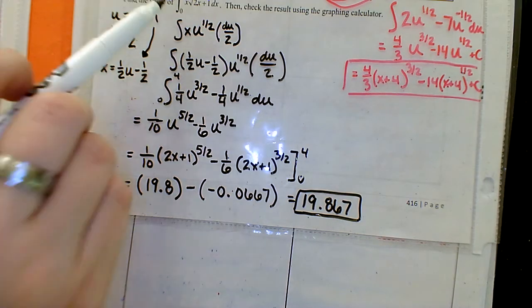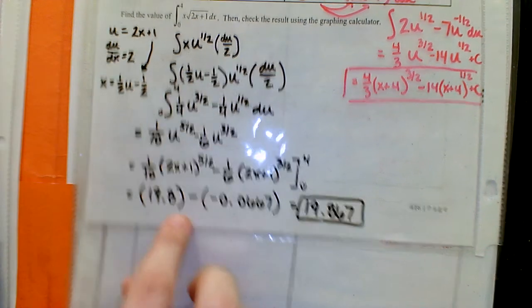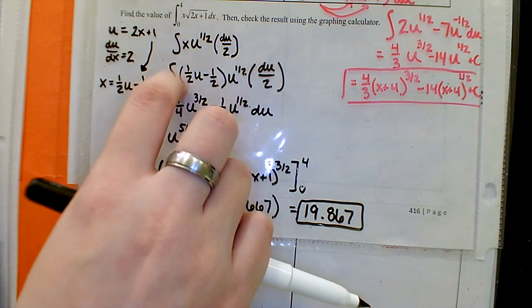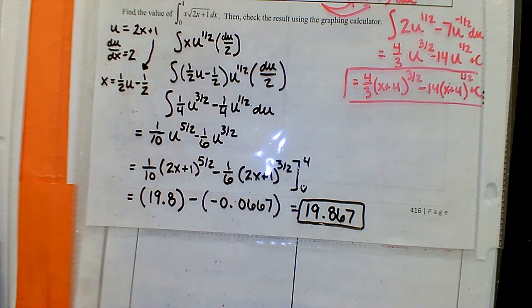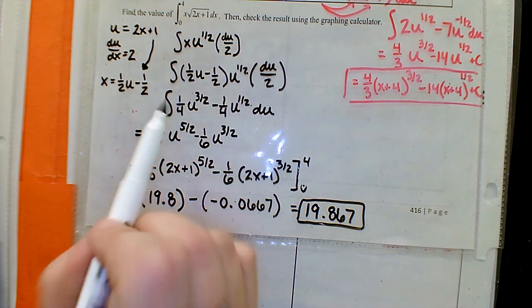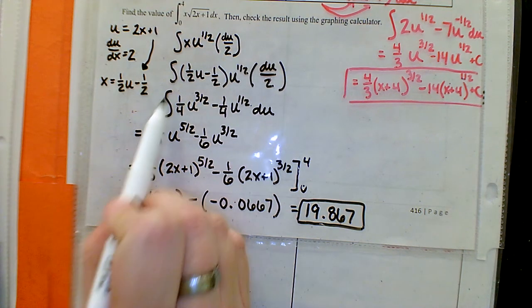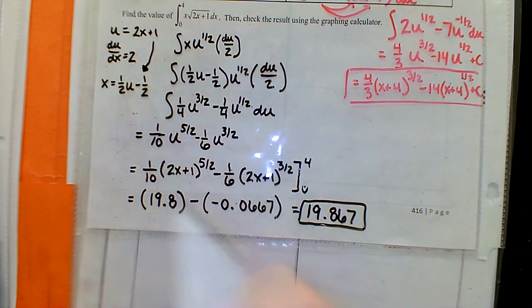Okay, so here's the thing. Even though the original bounds were 0 to 4 for the x integral, those are not the equivalent bounds for the u integral. How do you think we can figure out what the new bounds might be for the u integral? What do you think?